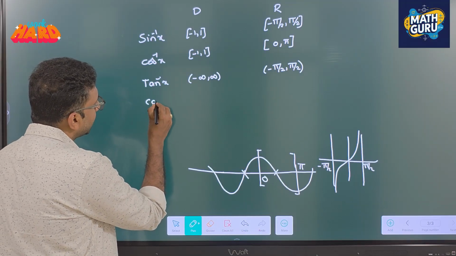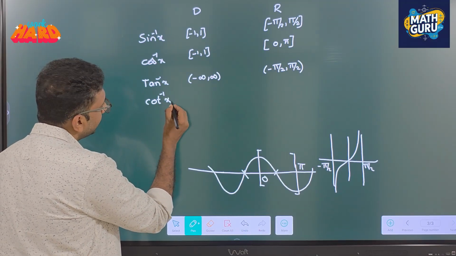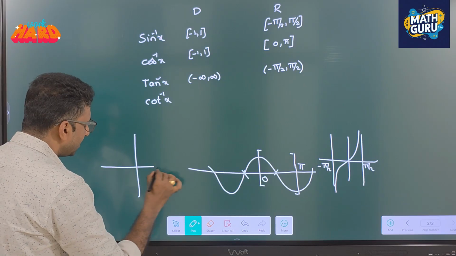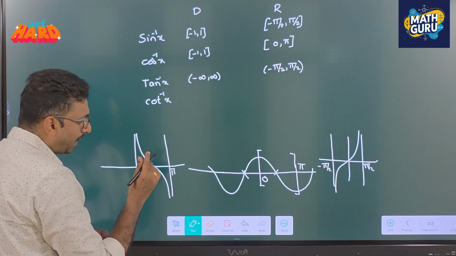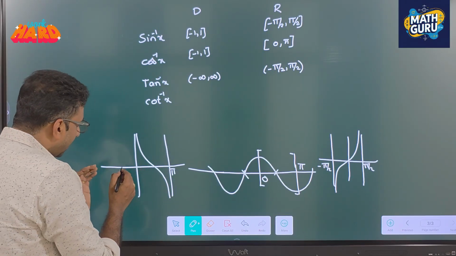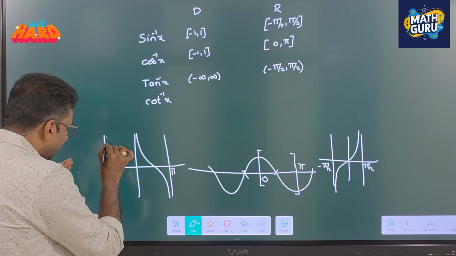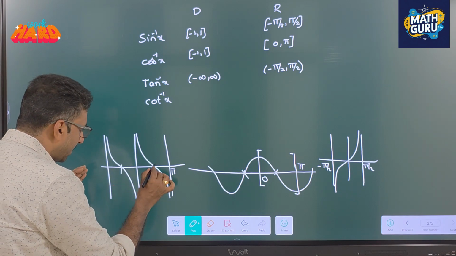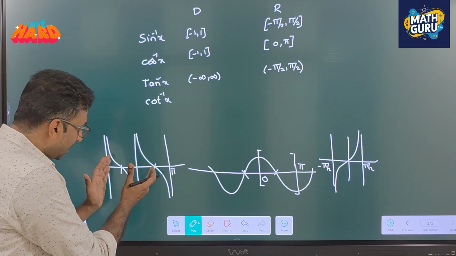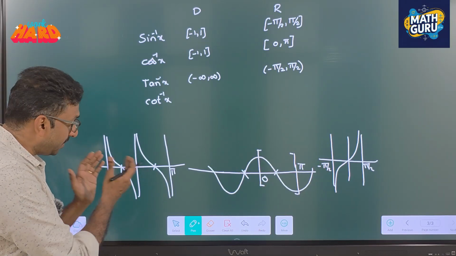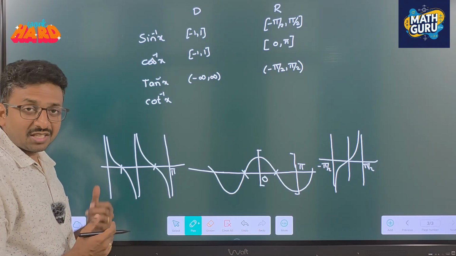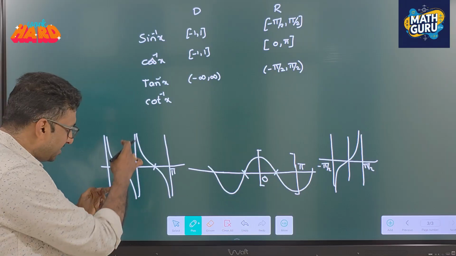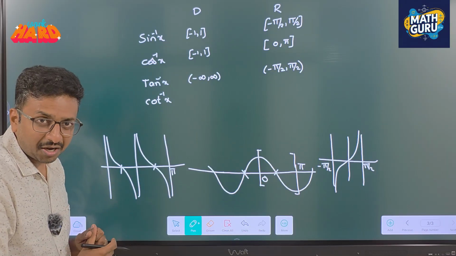Similarly, cot inverse x. If you take cot inverse x, the basic arm is chosen as 0 to pi. Actually, you can as well take minus pi by 2 to plus pi by 2, and in this interval also cot x is bijective, but there is a discontinuity in between, which is not good.